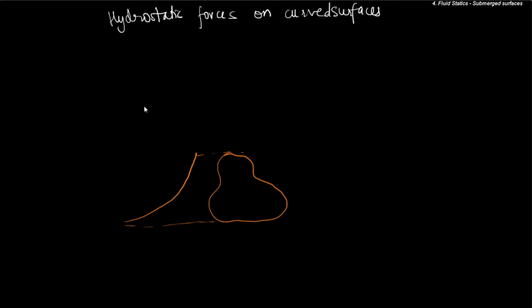and it is submerged inside water at a certain depth. So the task is to find out what is the vertical force and the horizontal force acting on this curved member over here.